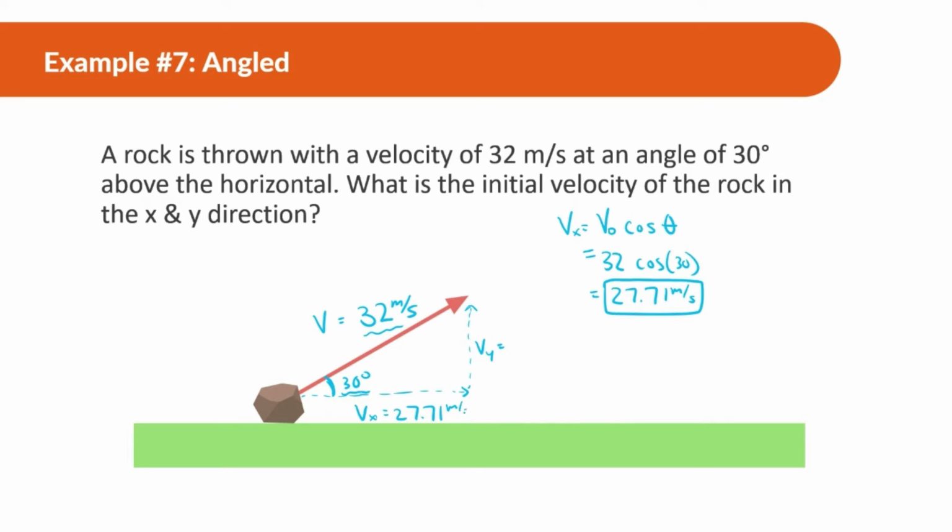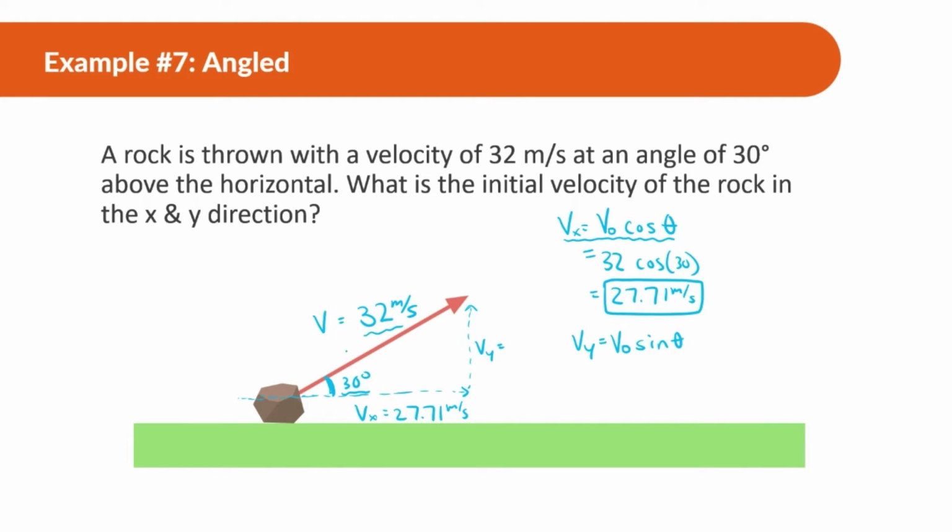So I found the velocity in the x, 27.71. If you want to copy this formula down, that's how you can find it. Remember, you could also use SOHCAHTOA and you'd get the same answer. This is for when the angle is on the horizontal plane like this. For the y direction, the equation is Vy equals initial velocity times sine of theta.